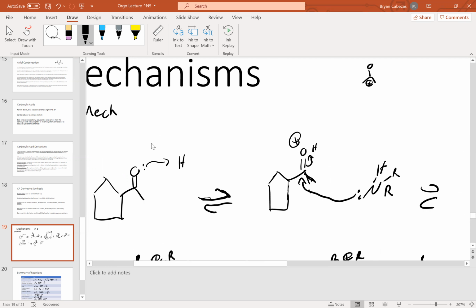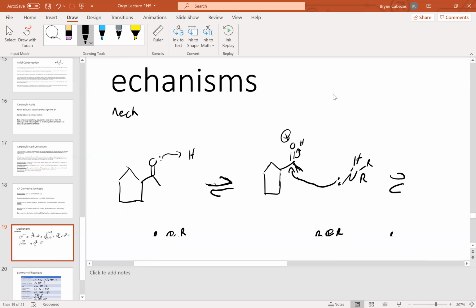Another way to make sure this is really present is to protonate the oxygen, giving it a positive charge. And since the oxygen really doesn't want to have a positive charge, it's going to move its double bond up, to make sure that it has only 2 bonds. That makes this carbon way more electrophilic than it was before. So that's why we first protonate the oxygen on the carbonyl.